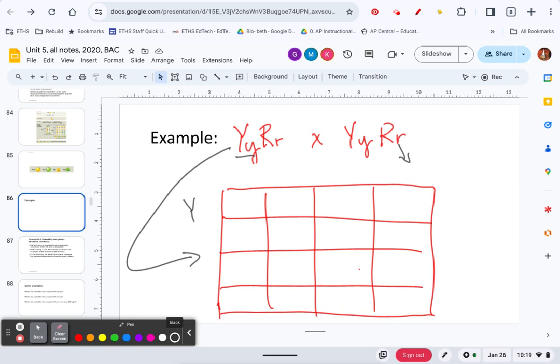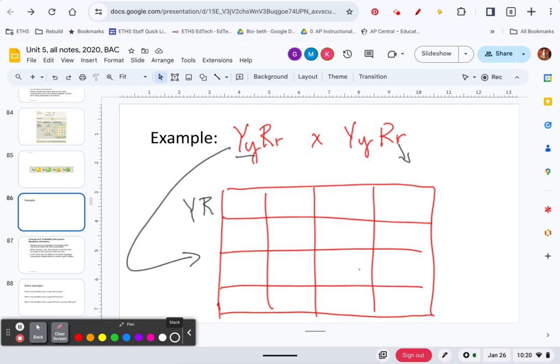Little or big? It has to be the different letter. Big R. We have two traits, and we're picking one letter for each of them. So you should have 2 letters per line or per column.